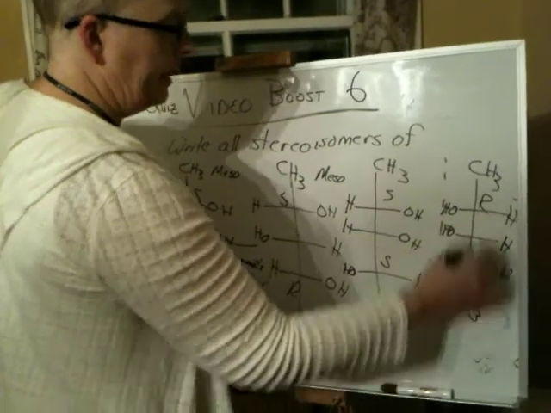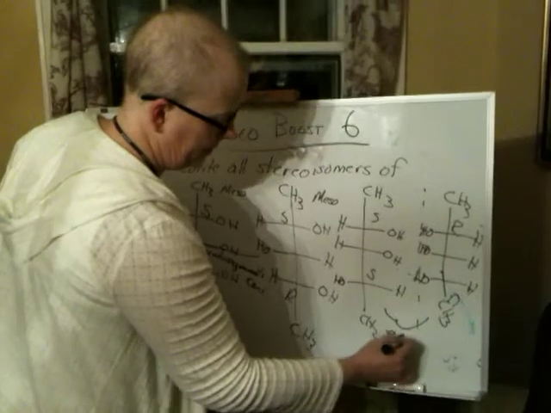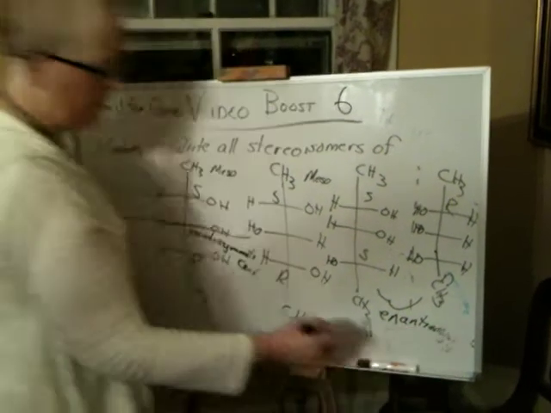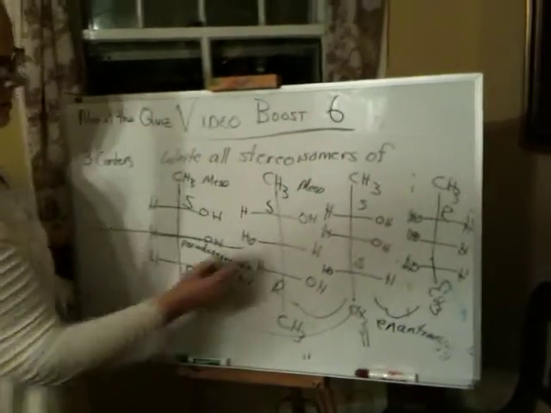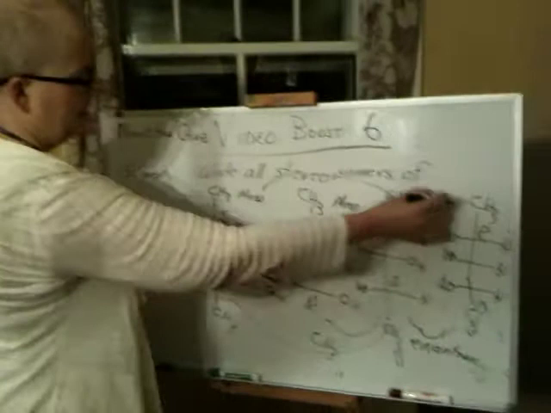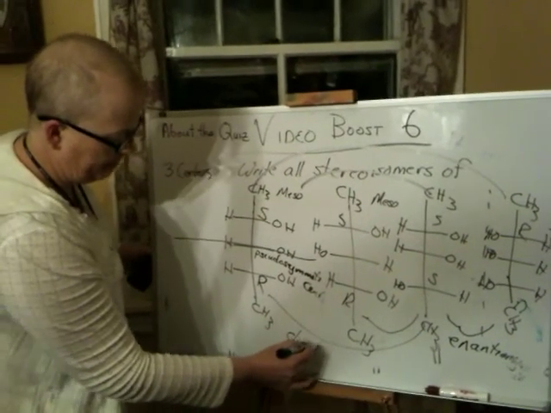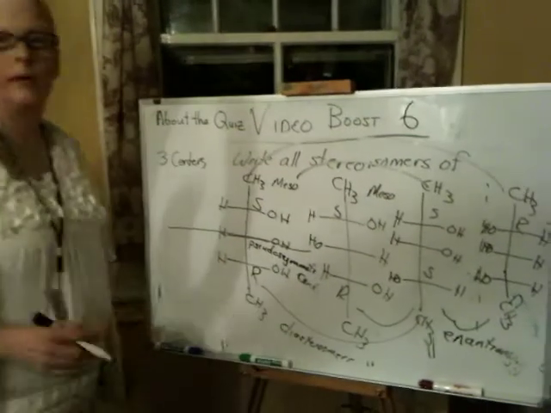And again, you can't really assign that middle center. So these 2 guys would be enantiomers. Then what would their relationship with these be? All those relationships are diastereomeric. All of them, okay?